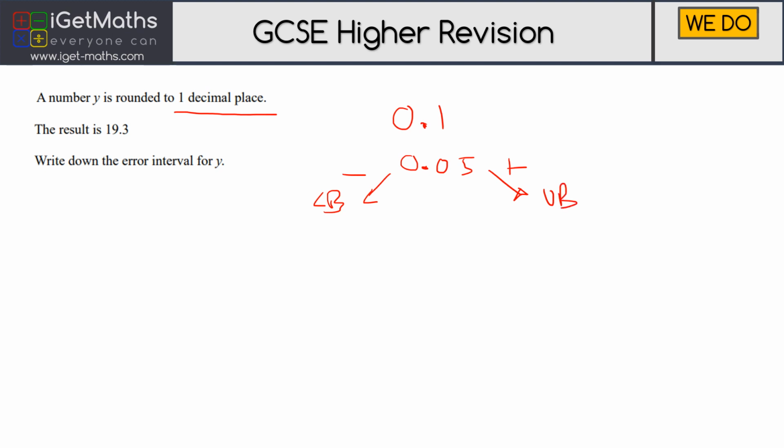What that will give you is y is bigger than or equal to, and y has to be less than. So 19.3 subtract 0.05 will give you 19.25, and if you add it, that will give you 19.35, and you're done.